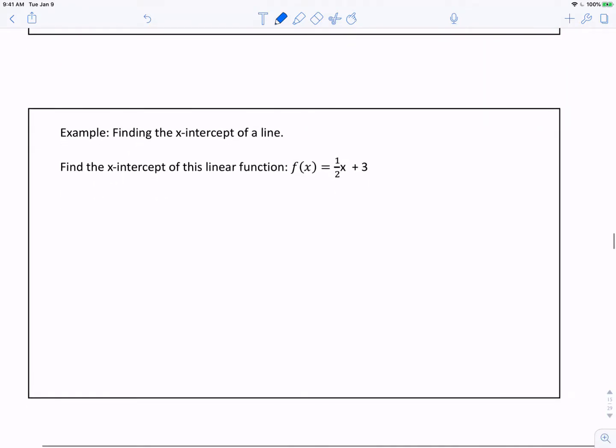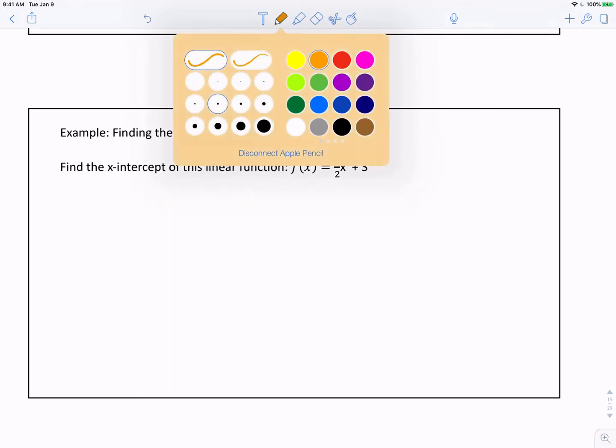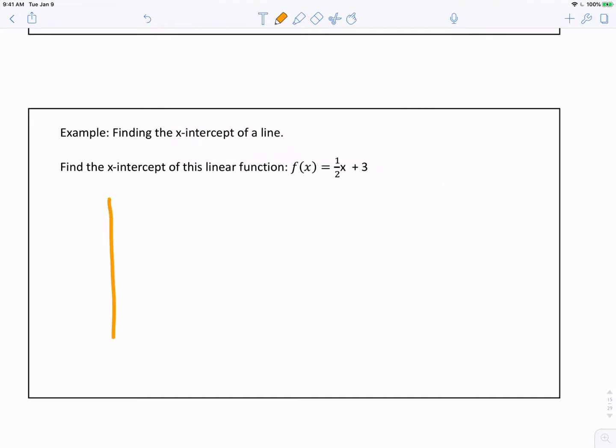We talk a lot about the y-intercept. You might wonder, well, what about the x-intercept? All right, so let's talk about the x-intercept. So when you think about the coordinate plane, and you think about the x-axis, the x-intercept of a line is the place where it crosses the x-axis.